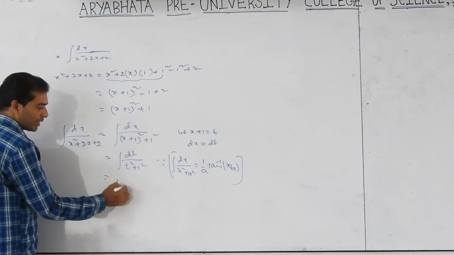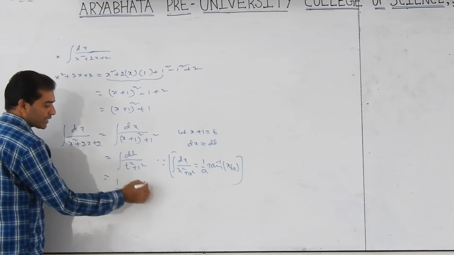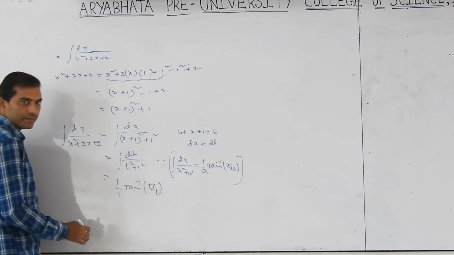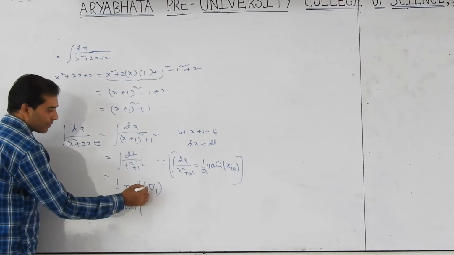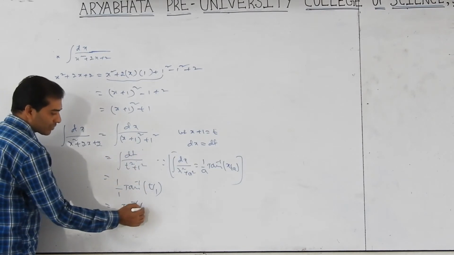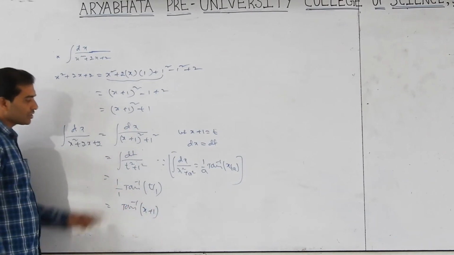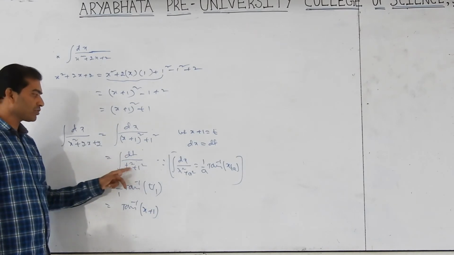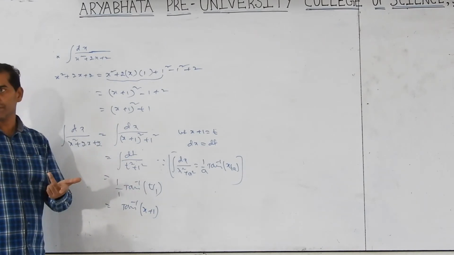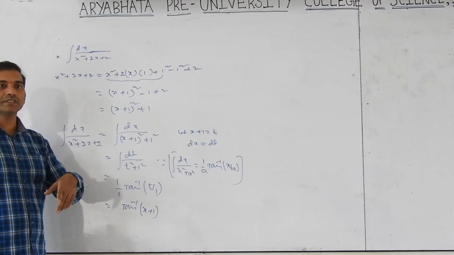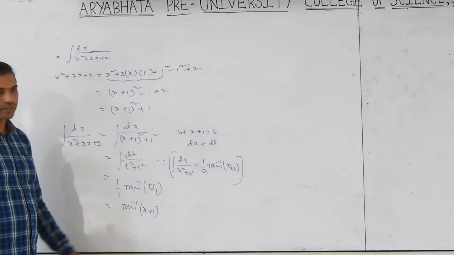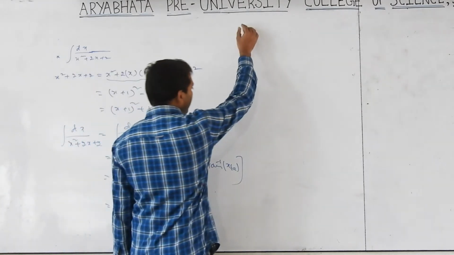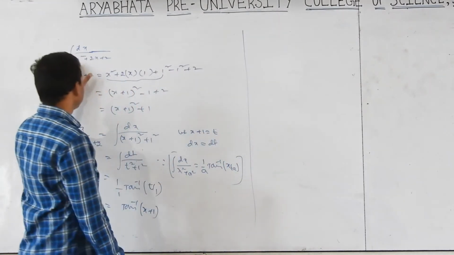Here 1 by a is 1, so tan inverse of t, where t is x plus 1. This we can also write directly: 1 by t square plus 1 integrates to tan inverse t, because the differentiation of tan inverse x is 1 by x square plus 1.